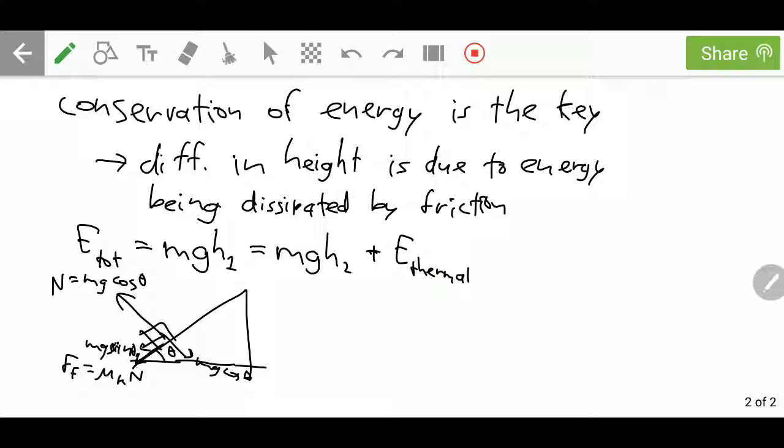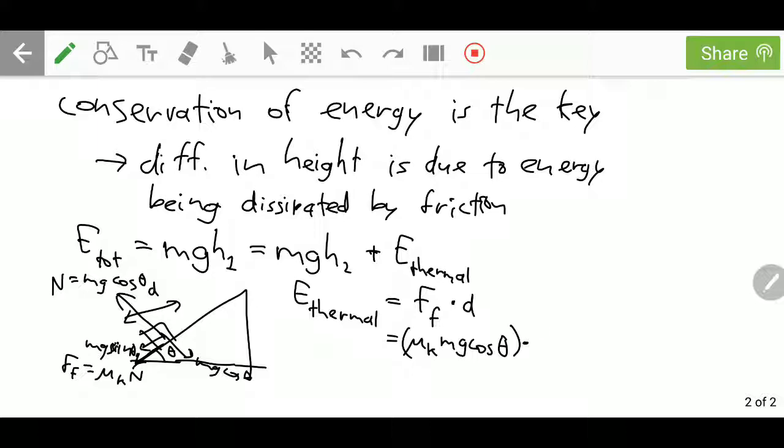Now, what is E thermal? Well, E thermal is going to be the force that friction exerts multiplied by the distance that the block slides, some distance d. Now, what is the force of friction? Well, it's mu k N, so it's mu k mg cosine theta, multiplied by d.